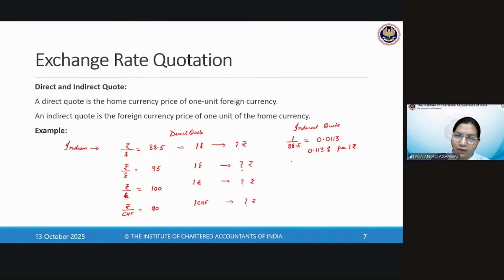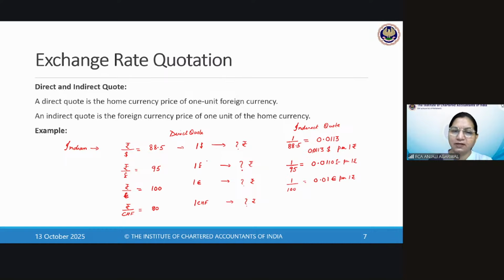If you divide 1 by 95, you get somewhere around 0.0110 pounds per 1 rupee. If you get 1 divided by 100, it is 0.01 euro per rupee.